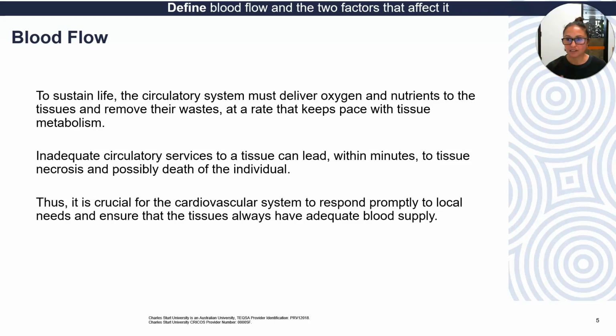If cells don't have blood, they will die. So blood flow is very important in order to make sure that we keep the tissue perfused, and that those cells have access to the blood that they need.